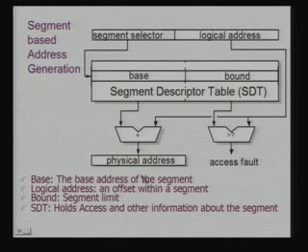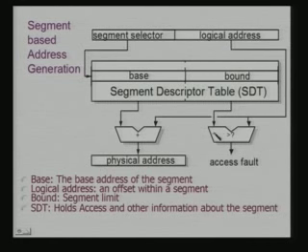So, base is the base address of the segment, and the logical address is the offset within the segment. The next thing to be noted is the bound, because each segment can be associated with a fixed size. This bound information can also be kept in the segment descriptor table. What is checked is that once we do this sum, that is offset plus base, it should not exceed the bound of the segment.